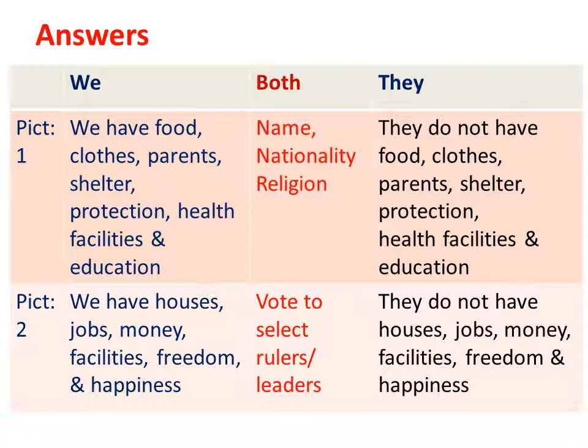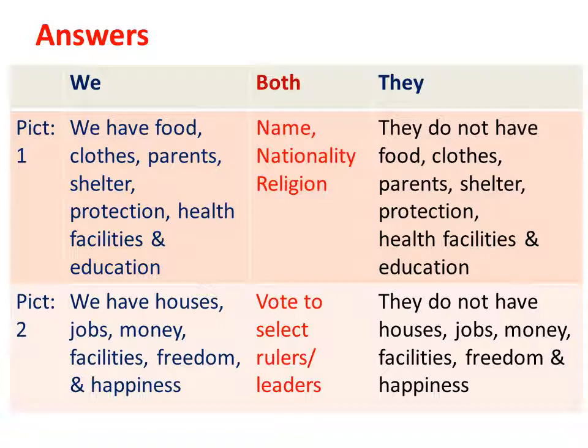It's a pathetic situation. But both of us have a name, then a nationality. We belong to one nation. Then we have a religion. No matter. There are similarities as well as differences.